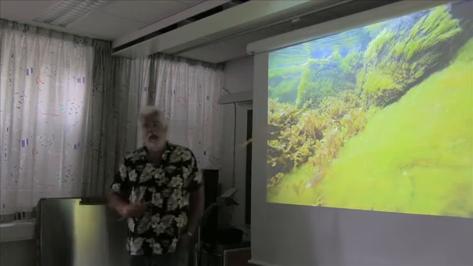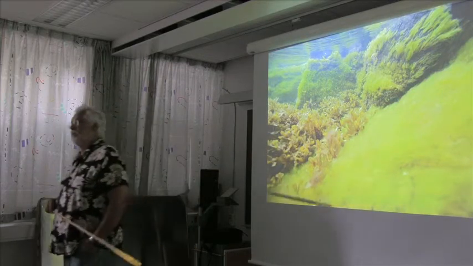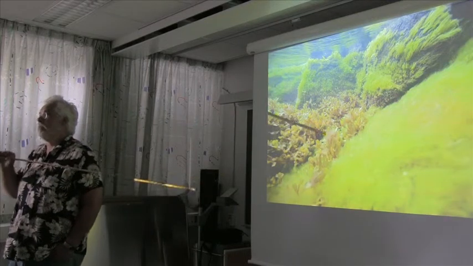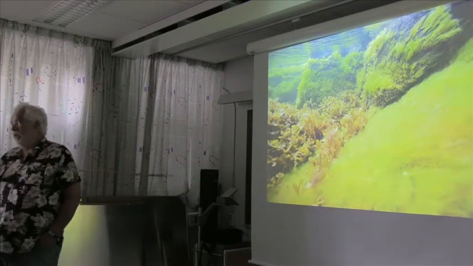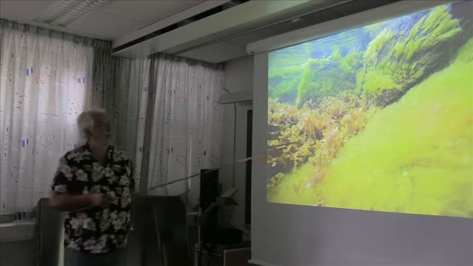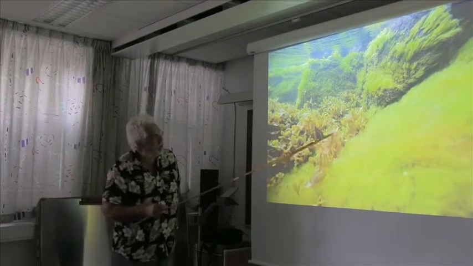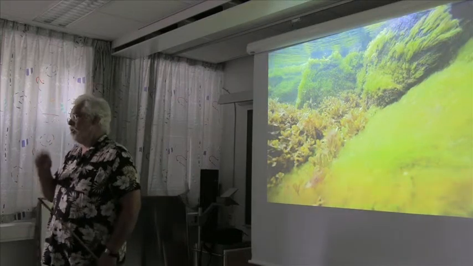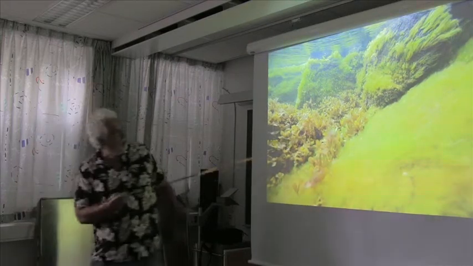Note how clean the fucus plants are, because they usually are covered by epiphytes during spring or early summer, but then the waves take these epiphytes away. There are some epiphytes on them, but those are the typical, very hardly attached to the plants. In this case, it's Ceramium tenuicorne.